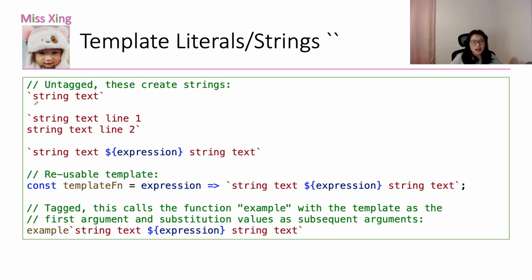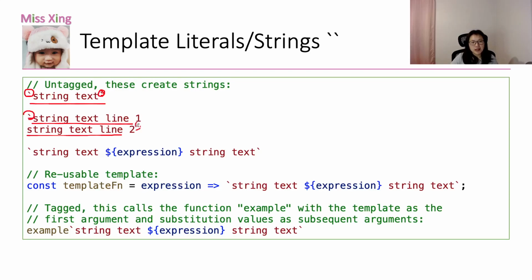So here, this one is to create a string using the template literal this way. We just add this backtick here. And we can also have multiple lines. This is very useful. You don't need to work with string concatenation when we use a template literal.